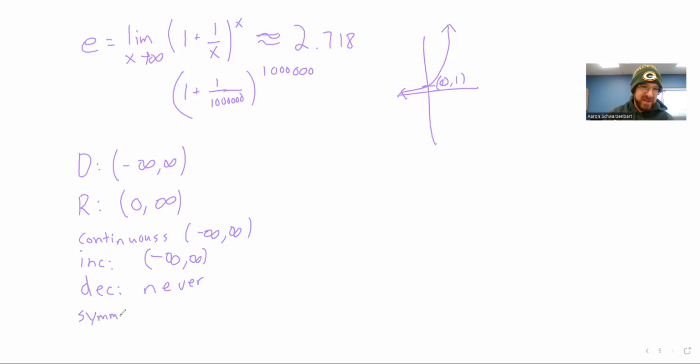It does not have any symmetry. Boundedness, it is bounded below. Extrema, this has no maxes or mins. It is a smooth curve.